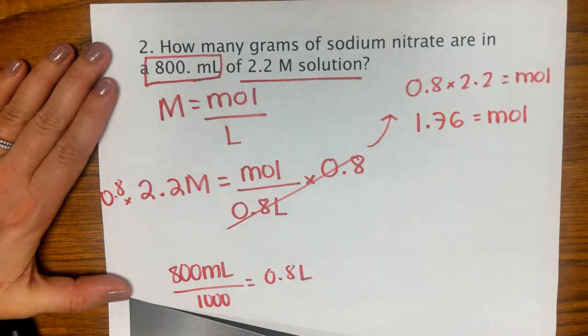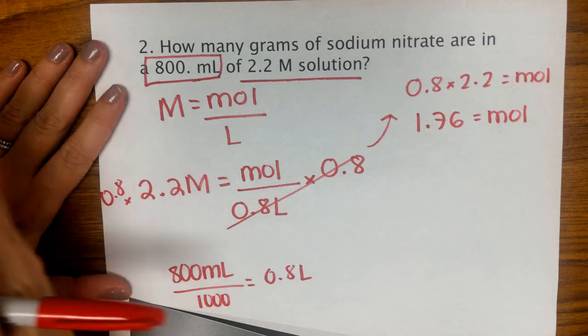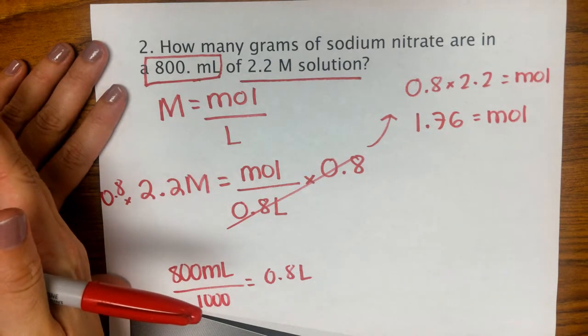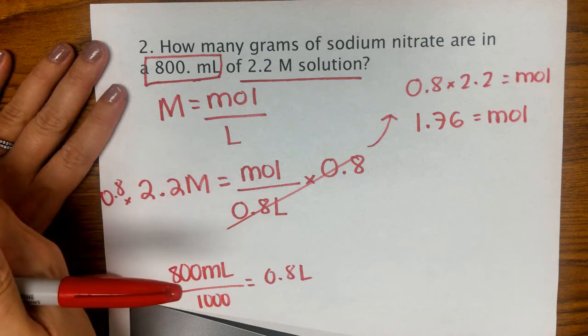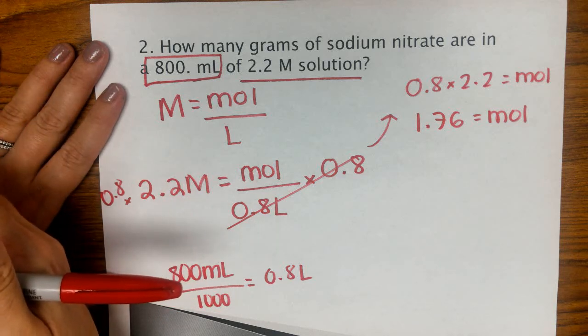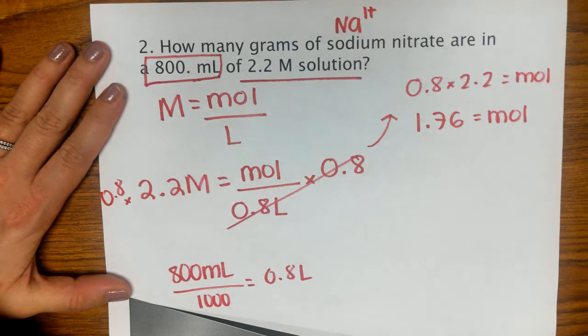Now the problem didn't ask for moles, it wanted grams, and again, this has to do with making solutions. When you make a solution, you weigh out your solute on a balance. And so this is sodium nitrate. Sodium is Na plus 1. Nitrate's a polyatomic ion.